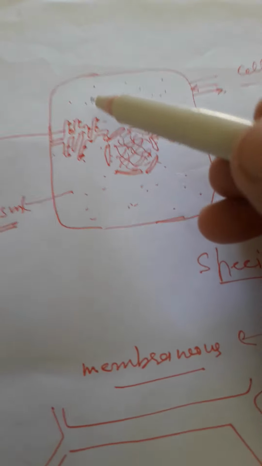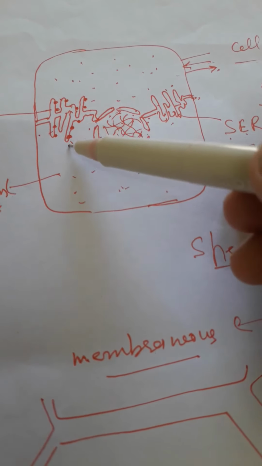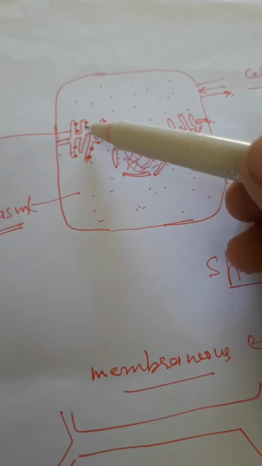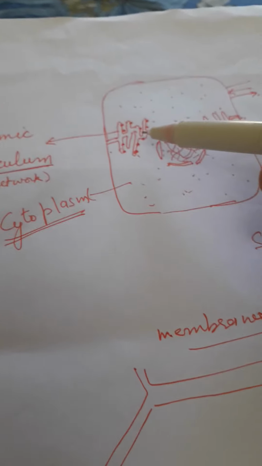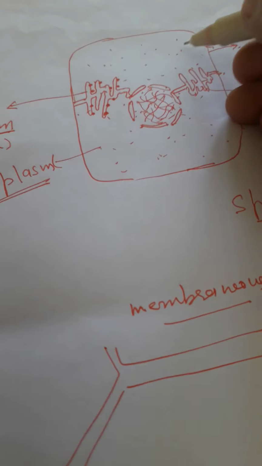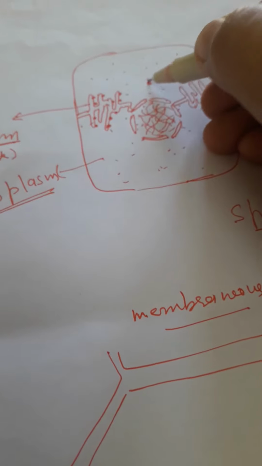Moving on to the next cell organelle, let us study ribosomes. Here we have drawn some ribosomes. These are attached to the endoplasmic reticulum, which gives it a rough appearance, so we call it rough endoplasmic reticulum. Ribosomes can be attached to the endoplasmic reticulum, or they can be present freely anywhere inside the cell.